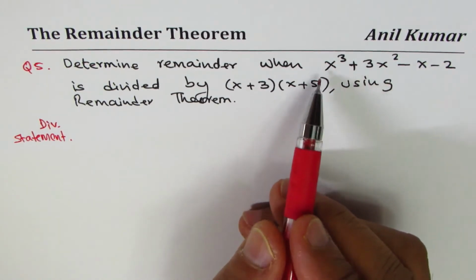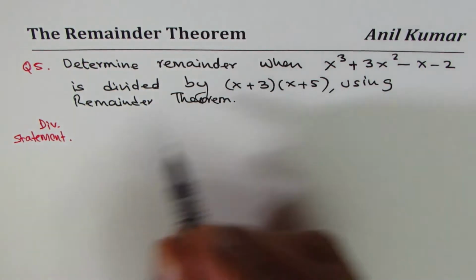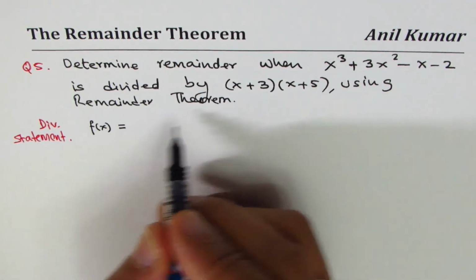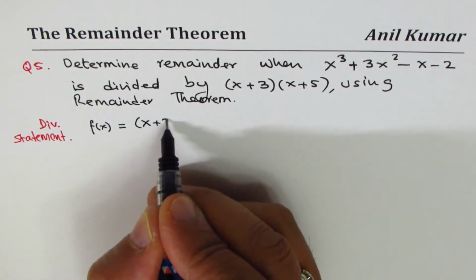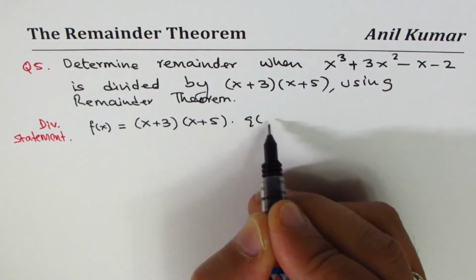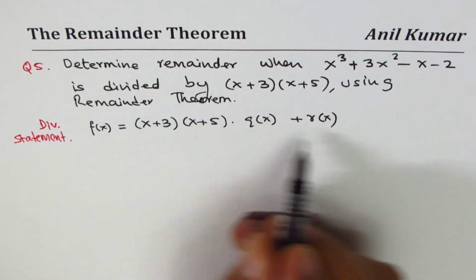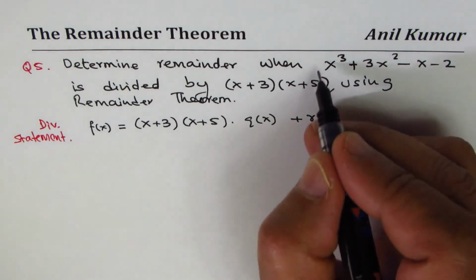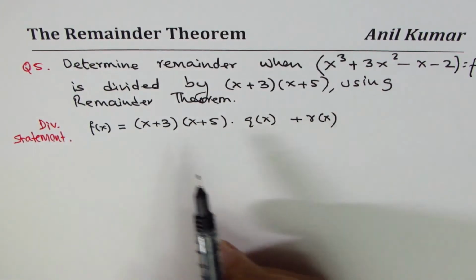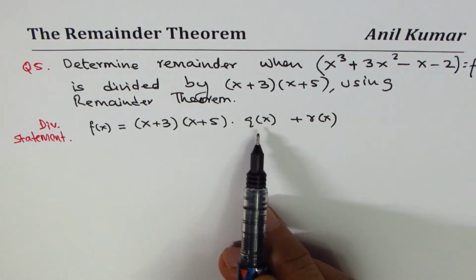That is to say that this function, let's call it f of x, is equal to x plus 3 times x plus 5 times the quotient, plus the remainder. So that becomes the division statement. We need to find the remainder. We are not worried about the quotient part.